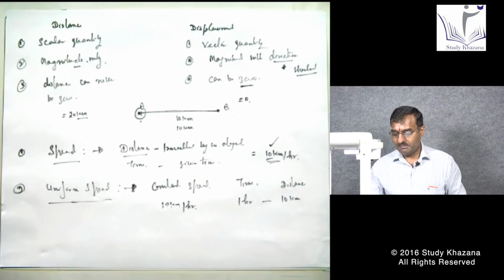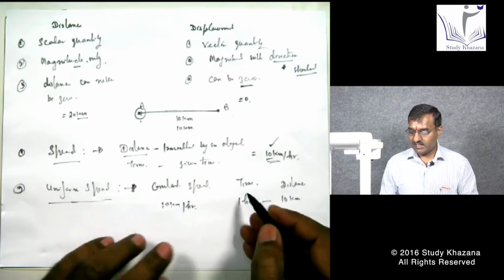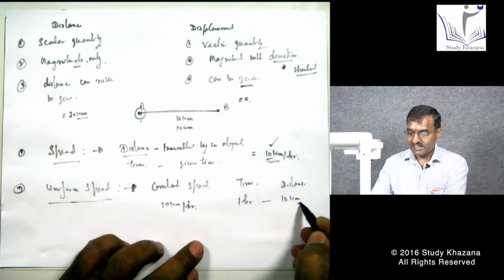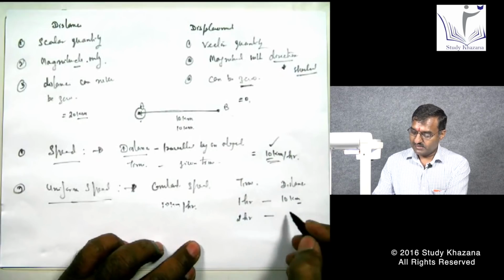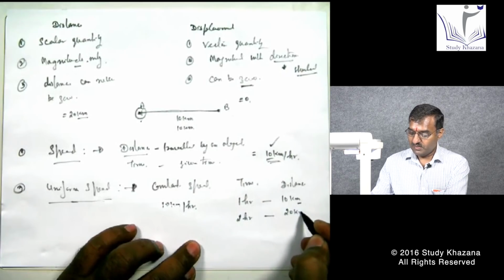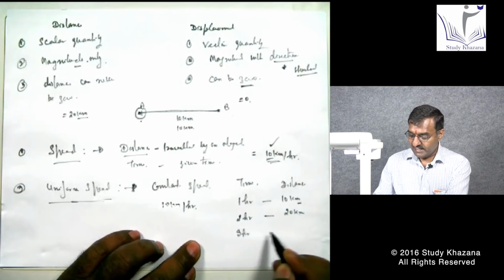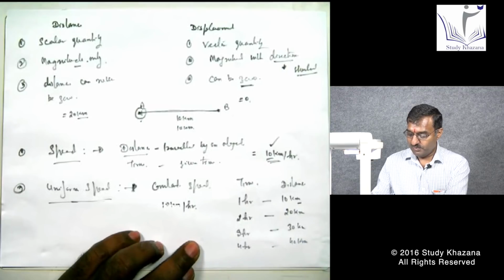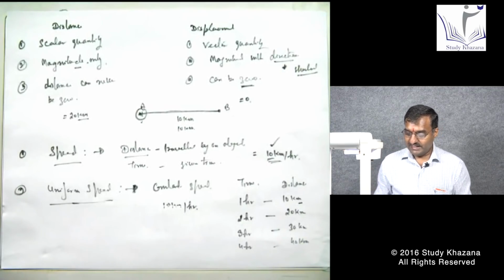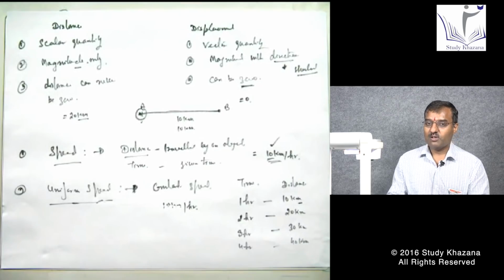Here I am considering time and here distance. If I say 2 hours, what will be the distance? It will be 20 kilometer. In 3 hours the distance will be 30 kilometer, in 4 hours it will be 40 kilometer. So what you are getting here is a uniform speed.